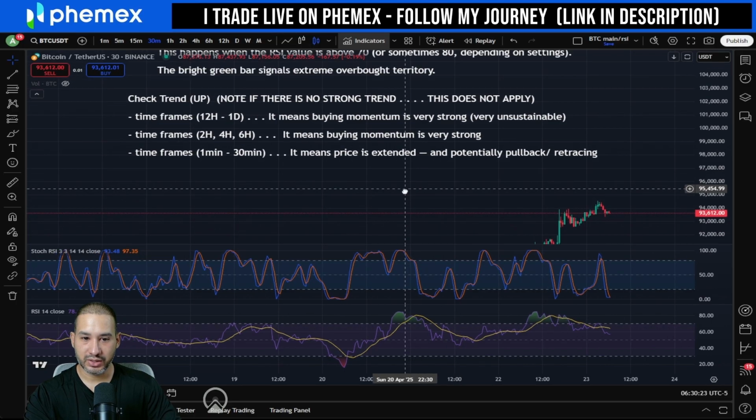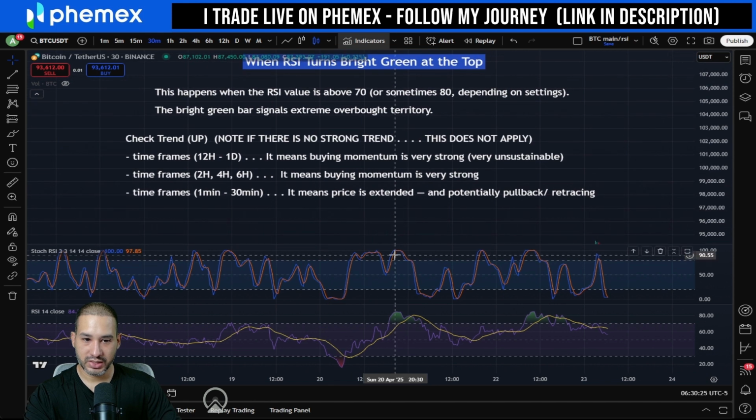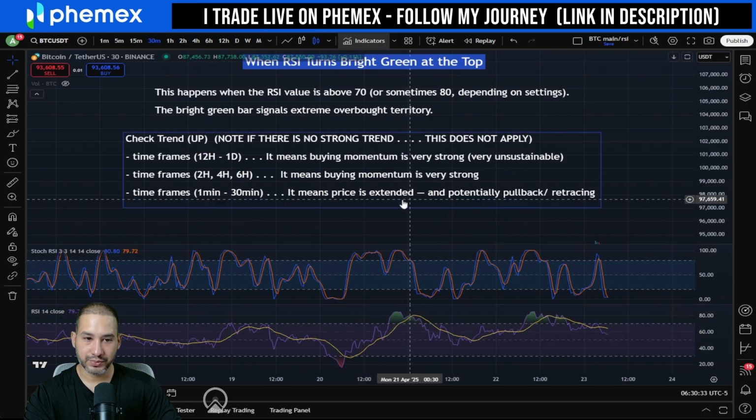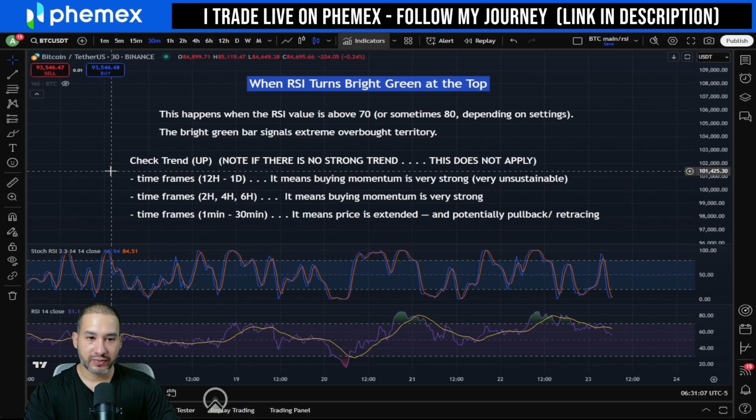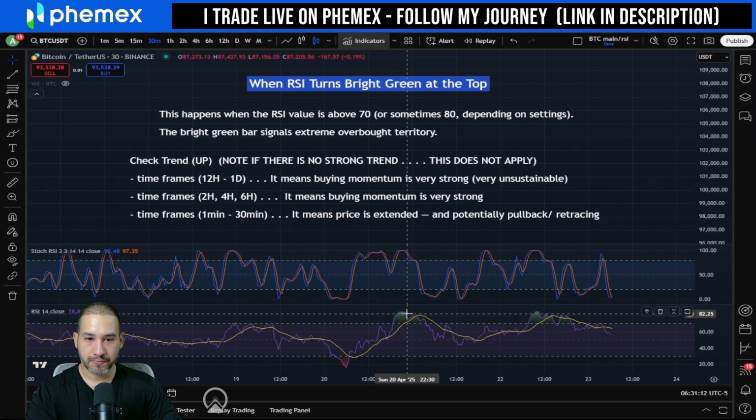That's when you go to your higher time frames and you want to see that stochastic RSI is holding strength up here above 80, 90, and the RSI is trending up, or we're holding strength also up here.